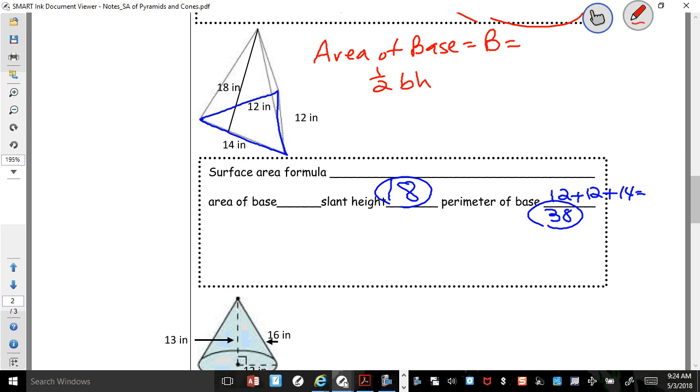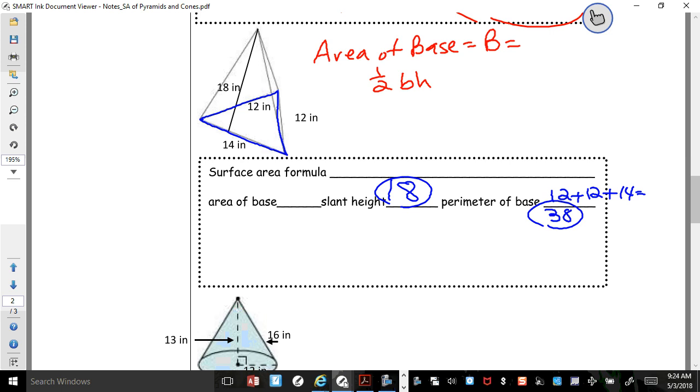Now, there's something missing though. What is it? Brianna, the height of the base is missing. I got 18. So what are you going to have to do to find the height of the base? Pythagorean theorem. You're going to have to use the Pythagorean theorem to find the height of the base.